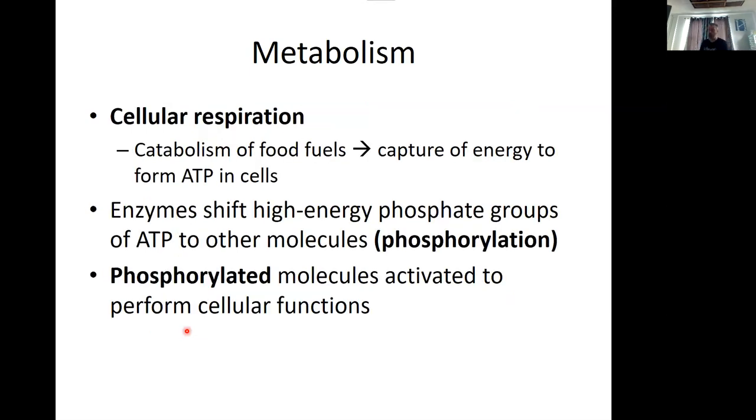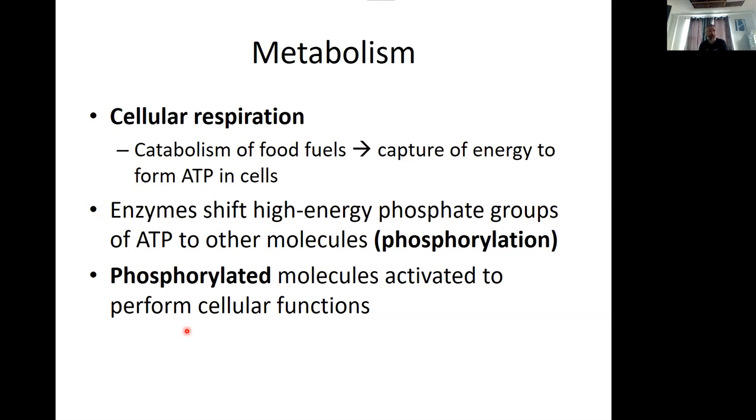One of the things that we're going to do a lot in terms of an energy budget is shifting around phosphate groups. ATP, adenosine triphosphate, is a molecule with 3 phosphates stuck to it. The reason we use that as a fuel storage source is that those phosphate bonds have a lot of energy associated with them.